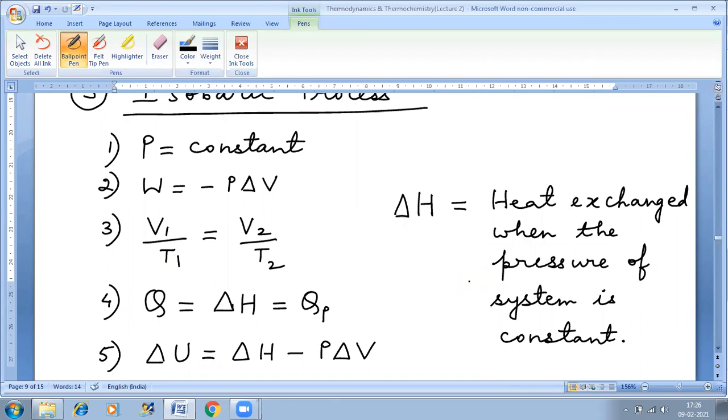And the fifth equation comes from the first law of thermodynamics. How it comes?